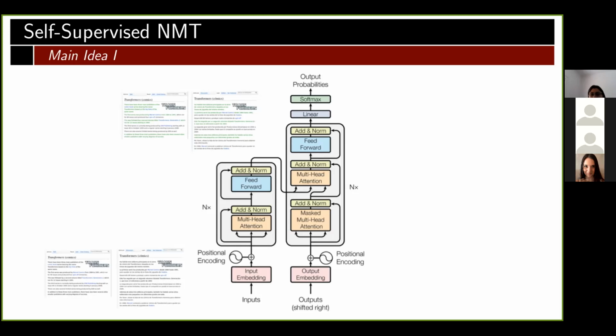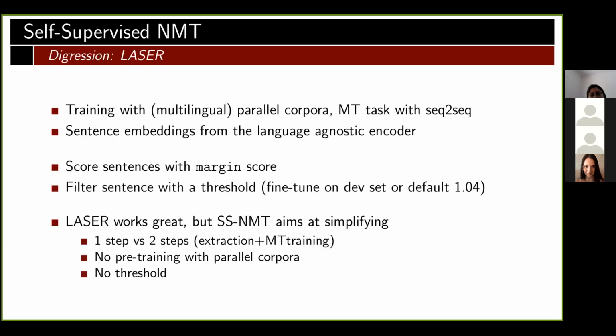And I will ask the system just to find which sentences are good to train on and which are not good to train on, according to the internal representation that it has.